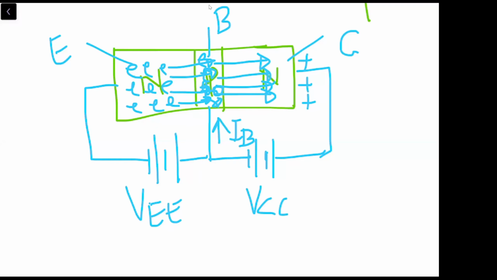The emitter emits the majority carriers, at the base very few of the majority carriers are collected, and the majority of the majority carriers are collected at the collector of the transistor, right? So due to this we have a current which flows over here, IC, right? Are you with me?